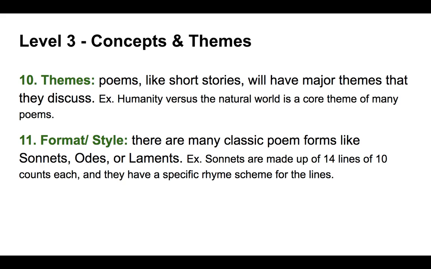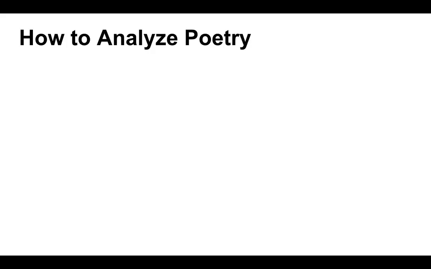So it's important to understand these formats or styles because they're going to affect what elements we're looking for within the poem. And if you start to notice, this has this type of rhyme scheme or this certain type of beat count in each line, you might have a light go on and say, that's a sonnet or that's an ode.